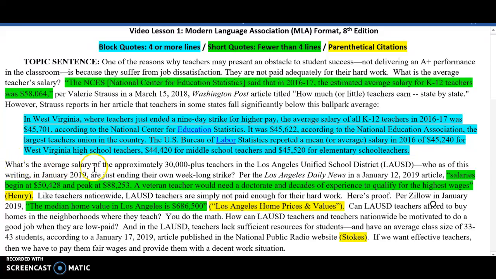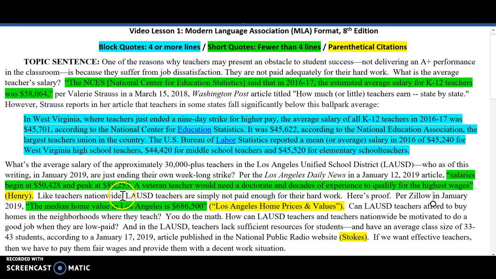What's the average salary of the approximately 30,000 plus teachers in the Los Angeles Unified School District who, as of this writing, in January 2019, are just ending their own week-long strike? Per the Los Angeles Daily News, in a January 12, 2019 article, salaries begin at $50,428 and peak at $88,253. A veteran teacher would need a doctorate and decades of experience to qualify for the highest wages.